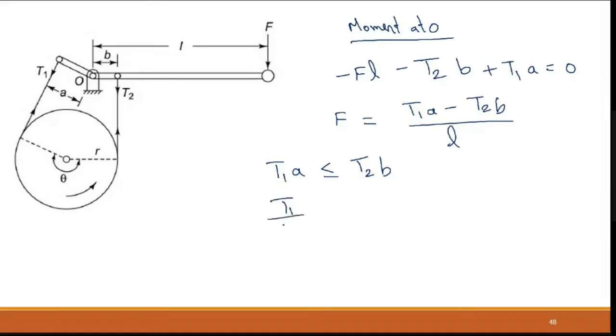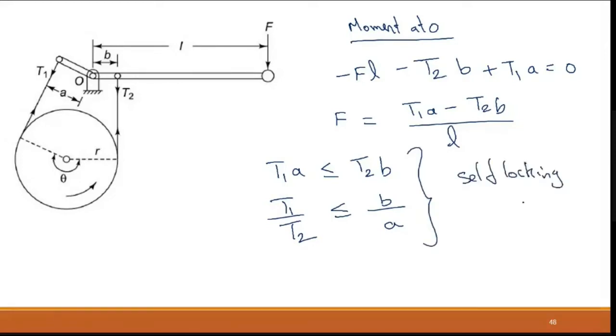Or T1 by T2 should be less than or equal to B by A. This is the condition for self-locking when it is rotating in the counterclockwise direction. Okay, so this is how. The only thing is we are going to take moment and solve it.